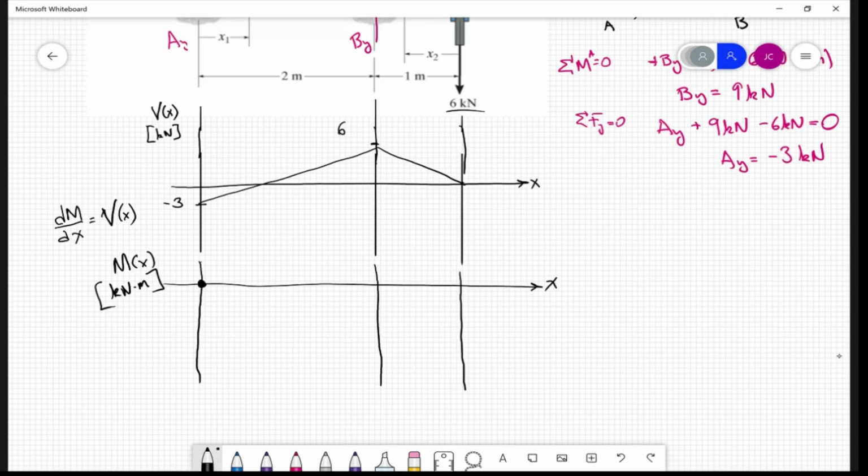So we start off at 0, and the slope is going to be negative, starting off at like minus 3, and then up at point B it's going to be positive, 6, so it's going to be greater. And so this is going to have a shape that kind of looks like this.